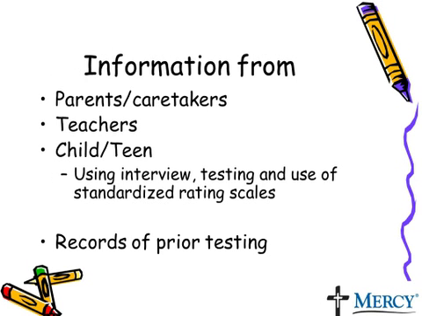We like to obtain a good history, and a lot of times we can get this through forms that we send out to parents or teachers. We also do a lot of behavior rating sheets. There are behavior rating scales that look specifically at symptoms of ADHD.